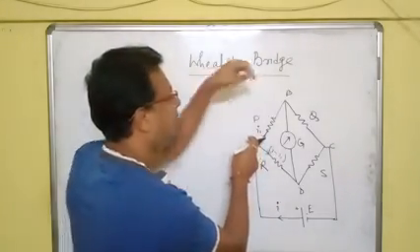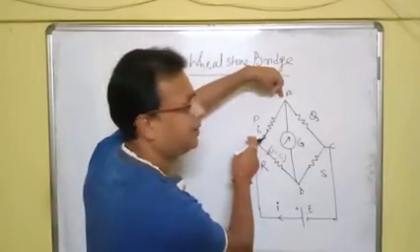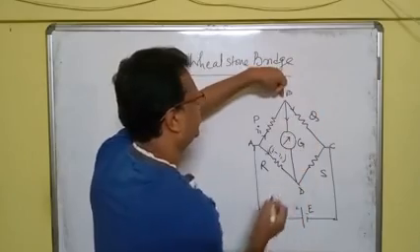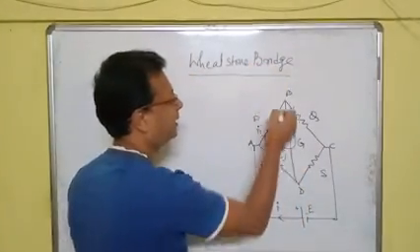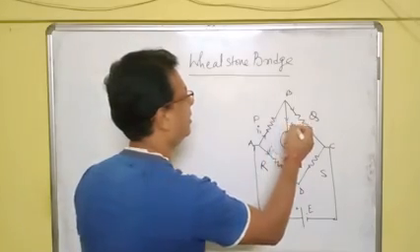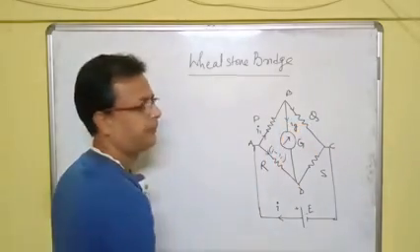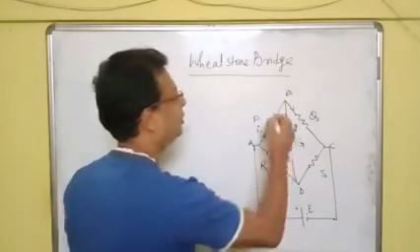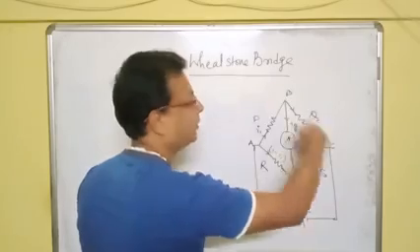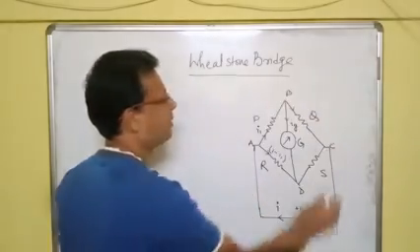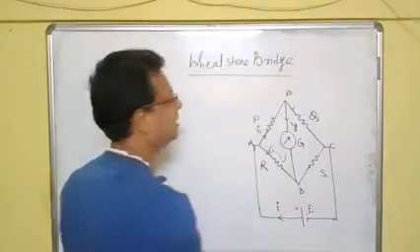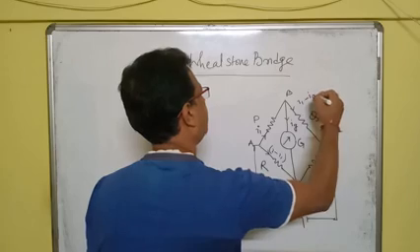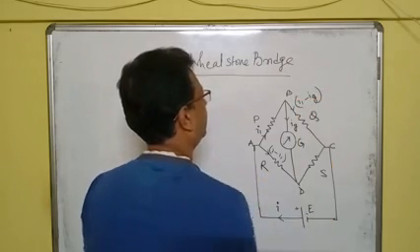This I1 goes up to the point B. Here again it splits into 2 parts. Let us assume that the current to the galvanometer is Ig. So Ig represents the current to the galvanometer. The rest of the current goes across BC. So what is the amount of current going across BC? It is I1 minus Ig.